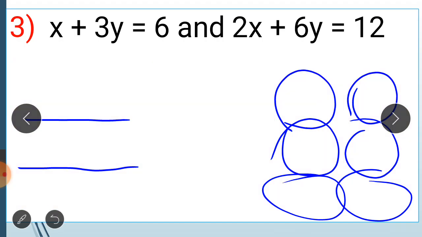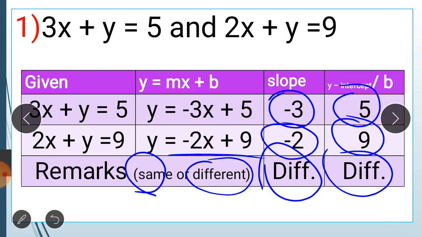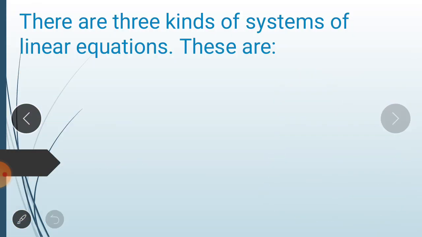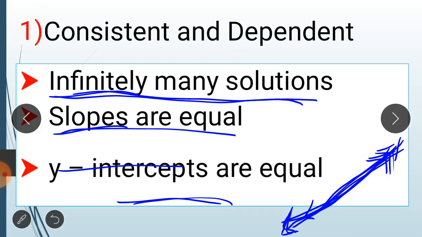This one, number 1, is different. If you take note of the definition of the 3 kinds of systems, you will know what kind of system this is. Different slope, different.